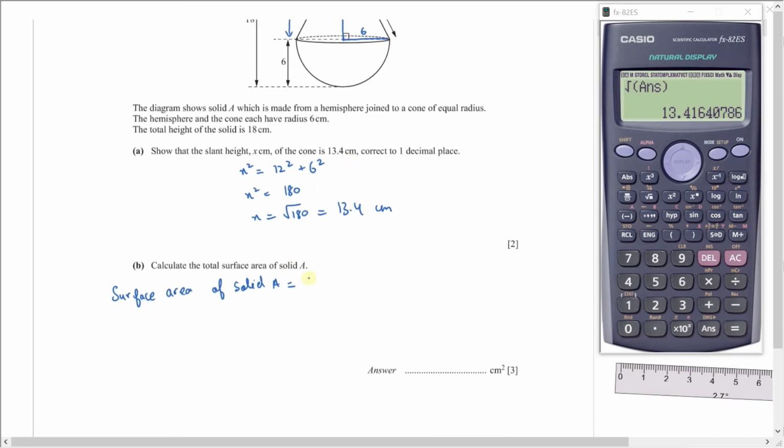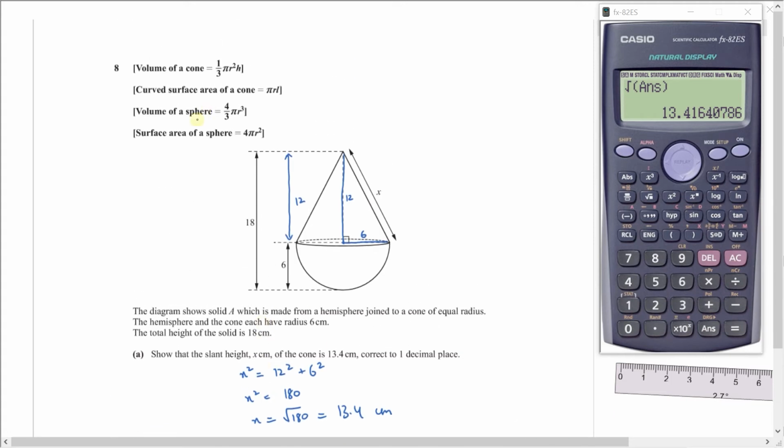So this will be surface area of hemisphere plus surface area of cone. What is the surface area of a hemisphere? Surface area of a sphere is 4 pi r squared.